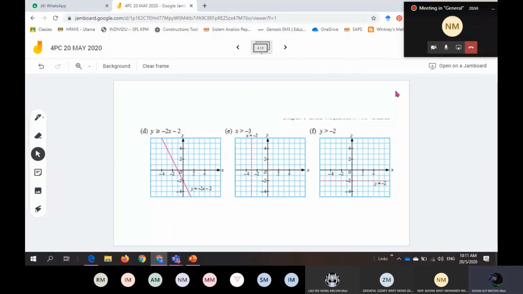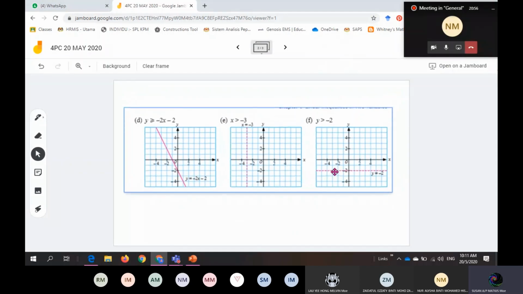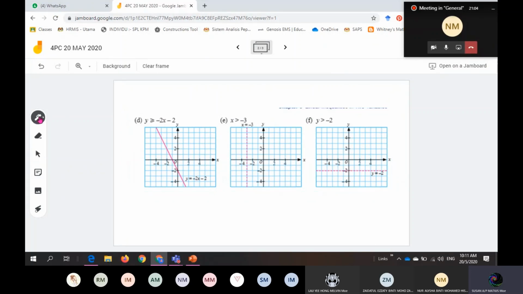For question D, E, and F, it's the same thing. Your focus is on the inequalities given, and then only you decide which side you're going to shade. This is y equivalent to or greater than negative 2x minus 2.